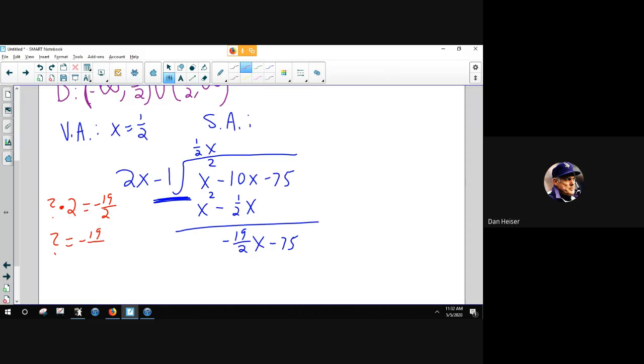Dividing by 2 is the same as multiplying by 1/2. We get that that something is -19/4. So that's our missing value. -19/4. 2 times -19/4 is -19 halves.